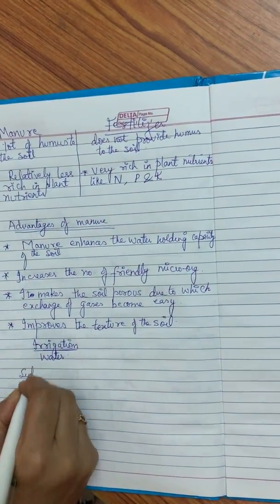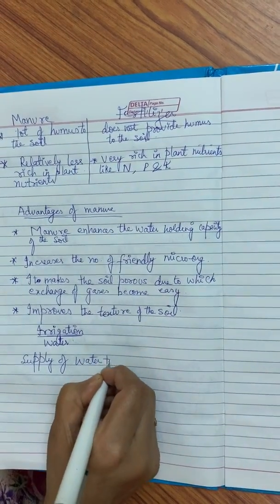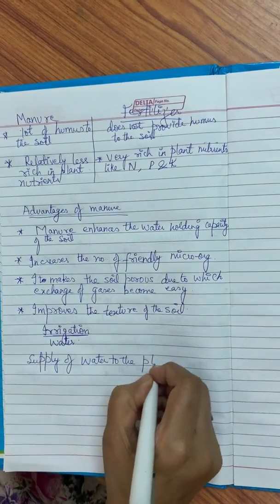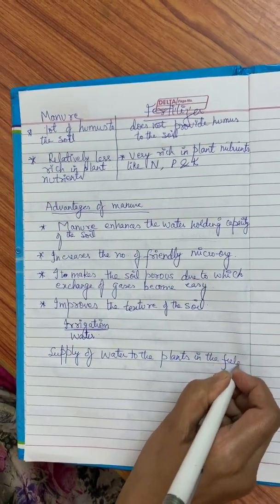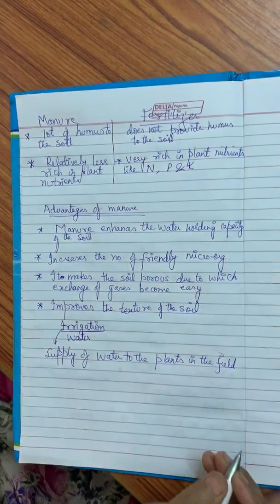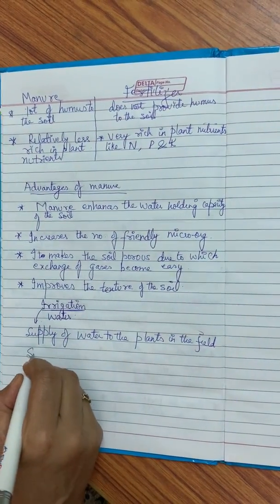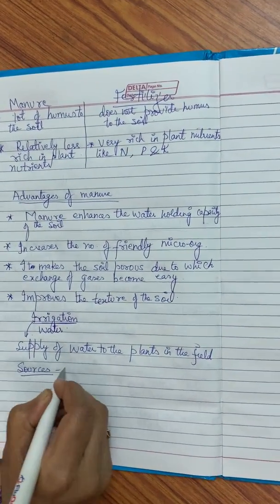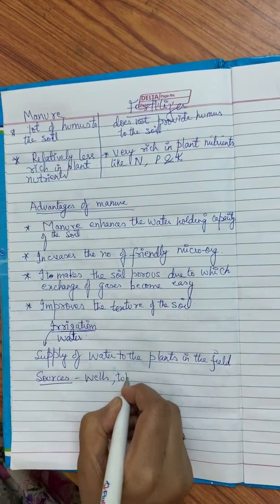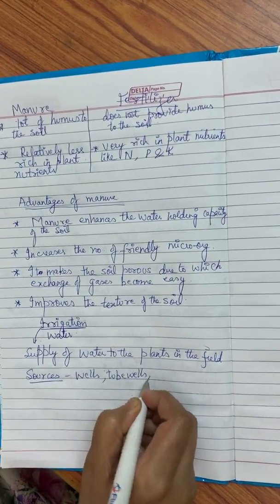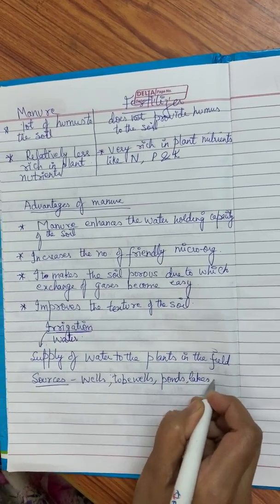So, the supply of water to the plants in the field is called irrigation. The sources of irrigation are wells, tube wells, ponds, lakes, etc.